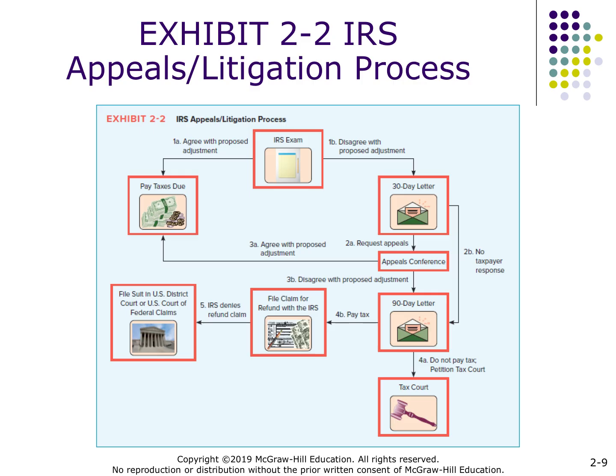So this is a graphic from your textbook, and it's a pretty good graphic because it explains the appeals and the litigation process. The reason I include this, even though we don't do a tremendous amount from the legal side of tax information right now, is that it's important to know there is an appeals and litigation process.